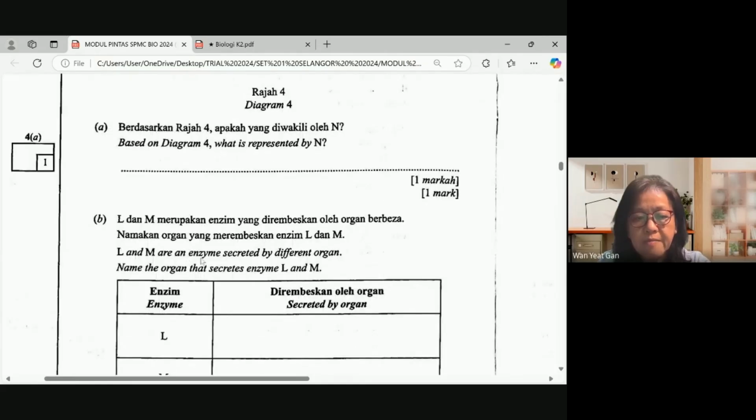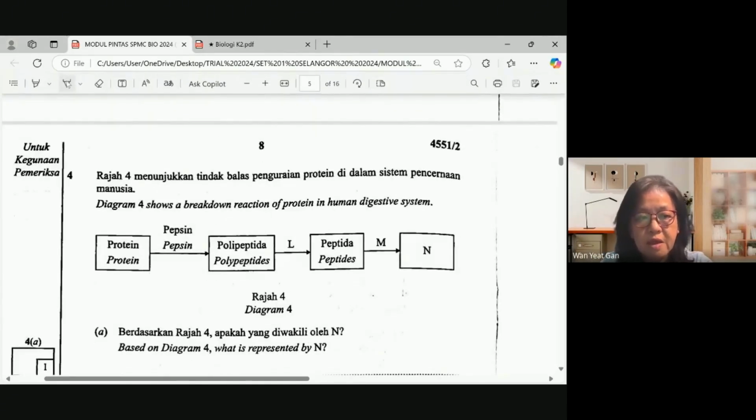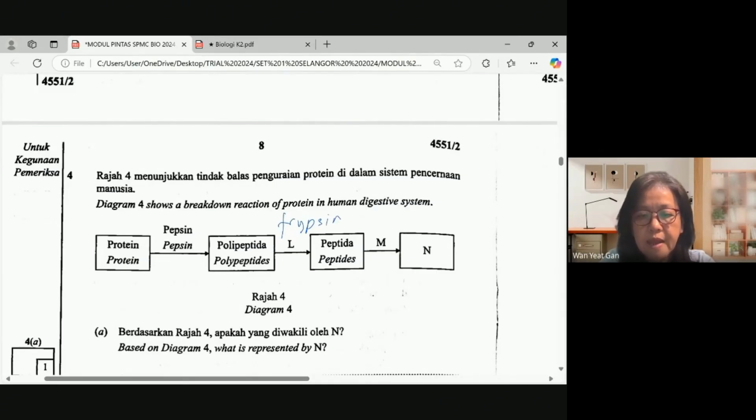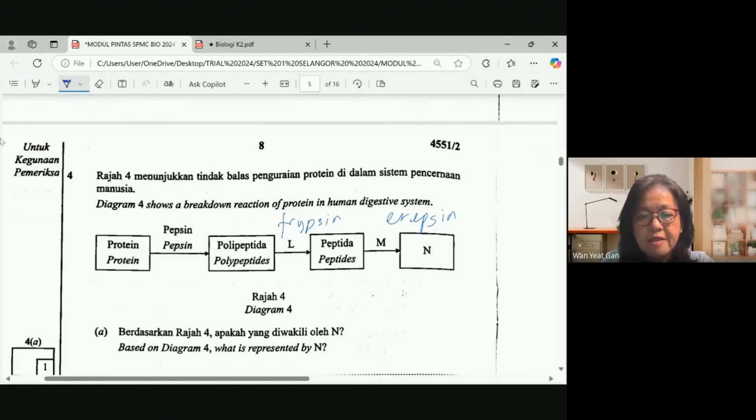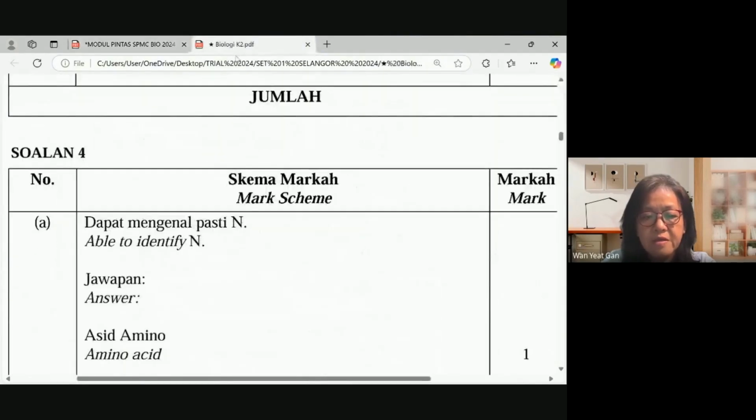L and M are enzymes secreted by different organ. Name the organ that secrete L and M. So the enzyme L is trypsin and M is erepsin. So the enzyme trypsin is secreted by the organ pancreas.